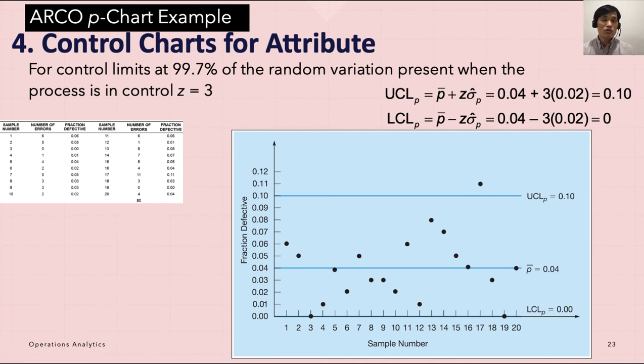Now you can draw your control chart. So we have upper control limit 0.10, lower control limit 0. The center line is P bar, which is 0.04, and you just plot these points out.